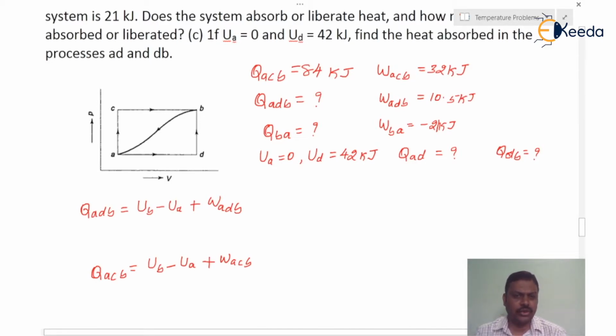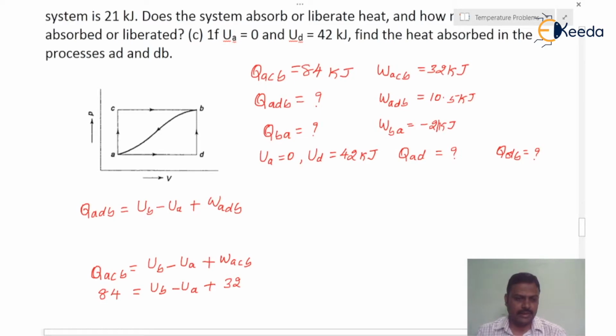Here we have QACB, it is 84, equal to UB minus UA plus WACB equal to 32.